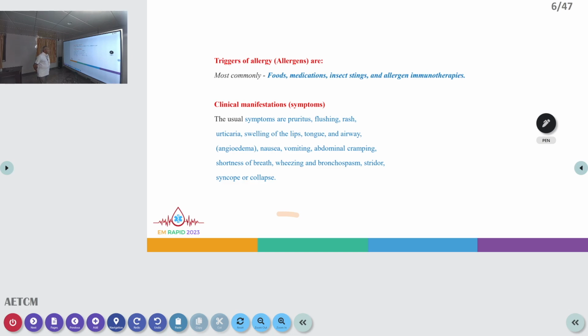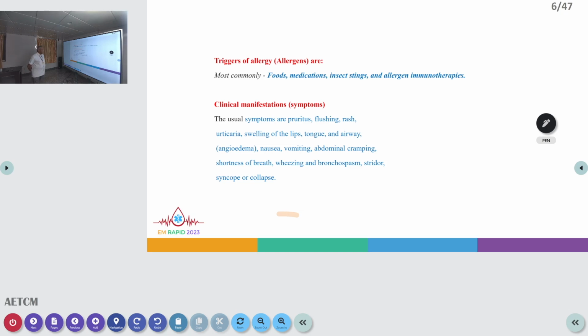The triggers of allergy are called allergens. Like antigens produce antibodies, allergens produce the allergic reaction. The most common are some food materials, medications, insect stings, and allergen immunotherapies.